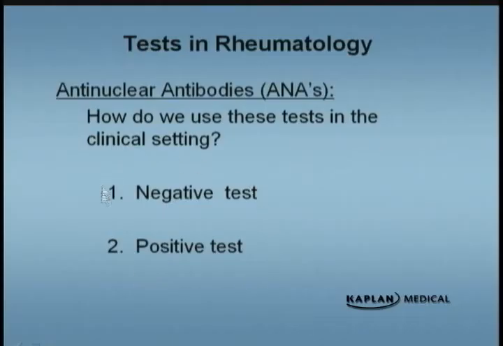A positive test, on the other hand, has to be interpreted in the right clinical setting, in the right clinical context. If a positive test occurs in an otherwise healthy woman, I don't know what to do with that. It's likely a false positive. It's the 5–10% of the normal population. If a positive test occurs in somebody with arthritis, right, rash in their face, stuff like that, that positive test is likely real positive.